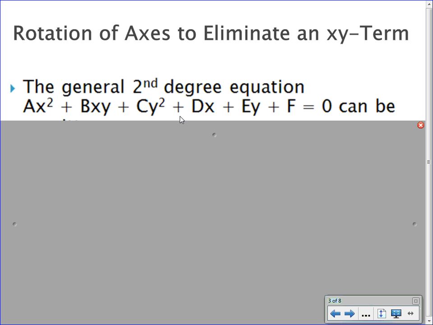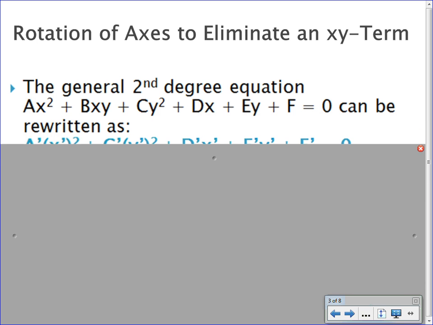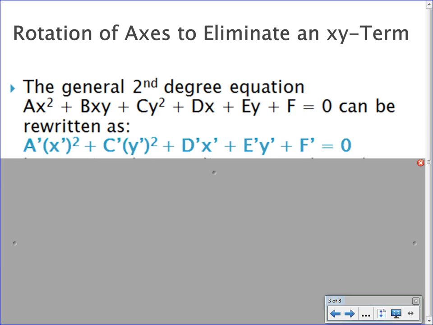So, here is our general equation for a conic, okay? That xy present means it's a rotation. What we're going to try to do is rewrite it with new x's and y's and new coefficients and constants. So it's something that we can actually work with, like we've been doing for the past week. Okay? But you'll notice how I have this x prime and y prime.